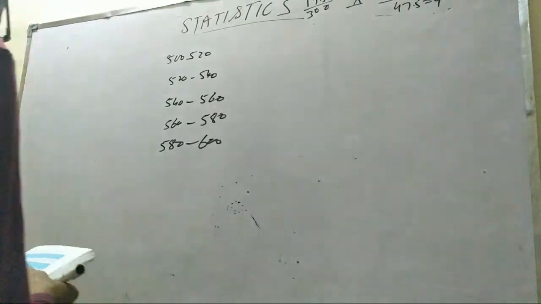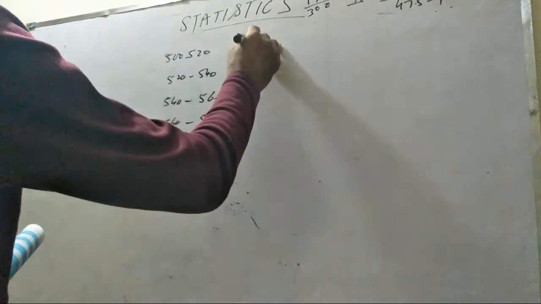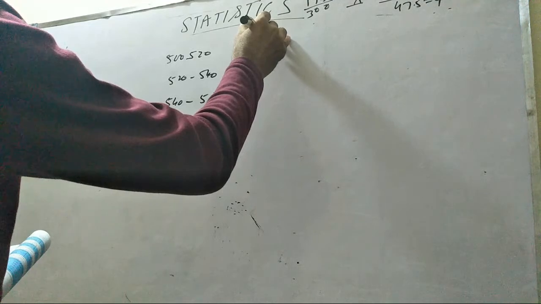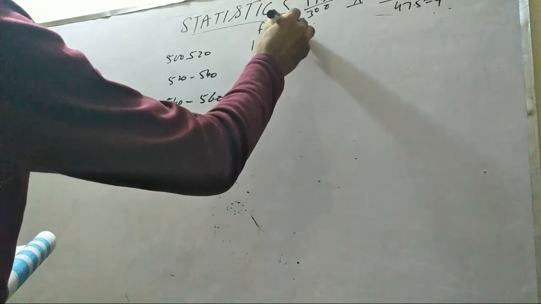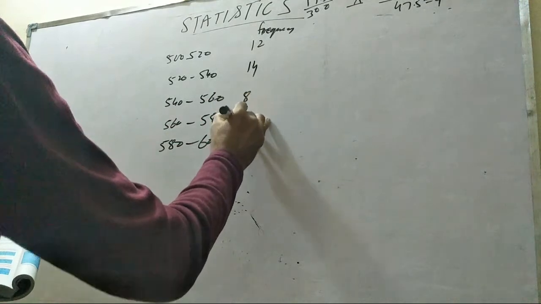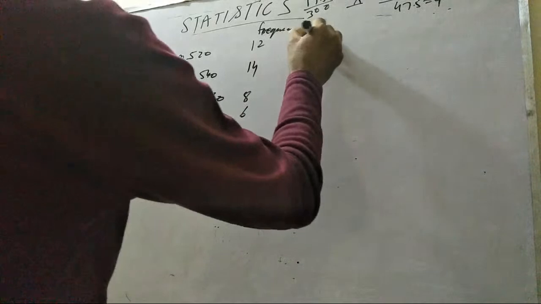This is this interval daily wages and frequency f1 is equal to, जो frequency है ये, frequency 12, 14, 8, 6, 10.